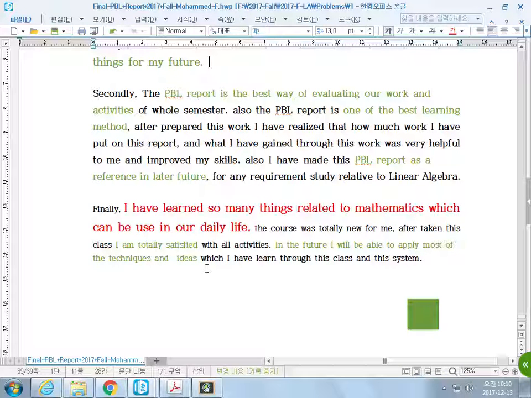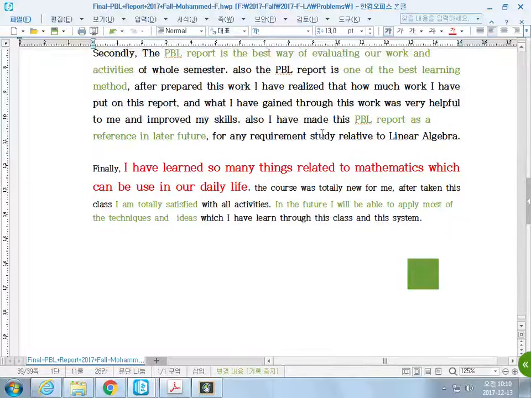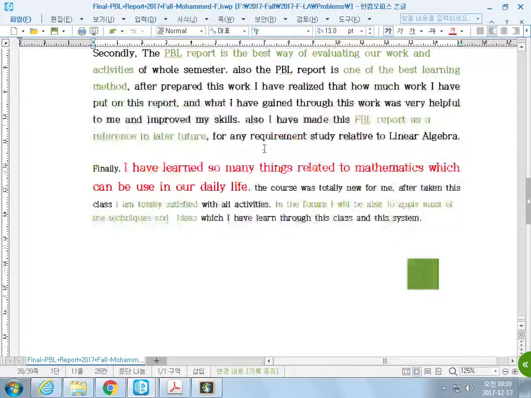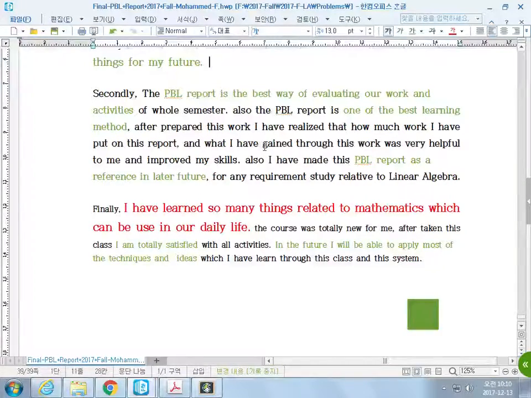But through the PBL report, we can know what the mistakes were, and we can also use it as a reference. For example, in the future, if we want to do some review related to linear algebra, we can just go through the PBL reports. We can review something. At least now you can tell what you know, what you don't know. Yeah, exactly. We can use it as proof.